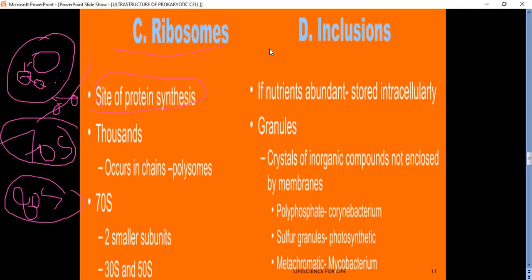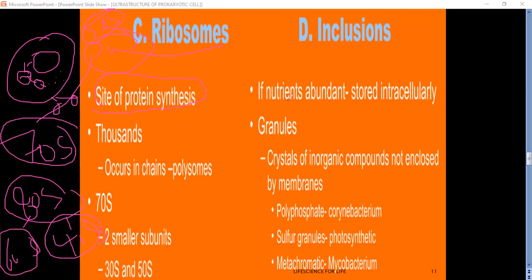And these 70S ribosomes are divided into 50S and 30S. But in eukaryotes, it is divided into 60S and 40S ribosomes. Here 50S is the bigger subunit, 30S is the smaller subunit. Here 60S is the bigger subunit, 40S is the smaller subunit.